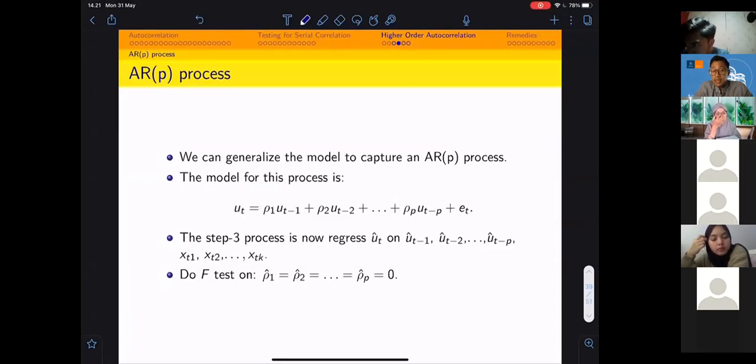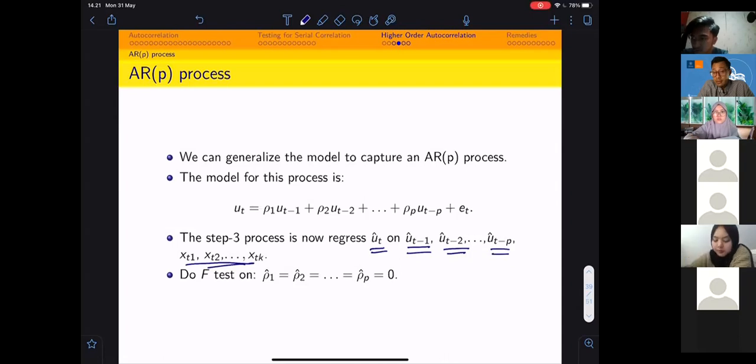So again, the difference is now, instead of just regressing the residual on the lag of the residual, we also regress it on the lag 2 of the residual, lag 3 of the residual, until lag P of the residual, where P could be 4, P could be 5, P could be 6, depending on the degree of the process. And remember that we also include the explanatory variables and that there is no constant involved in the regression.